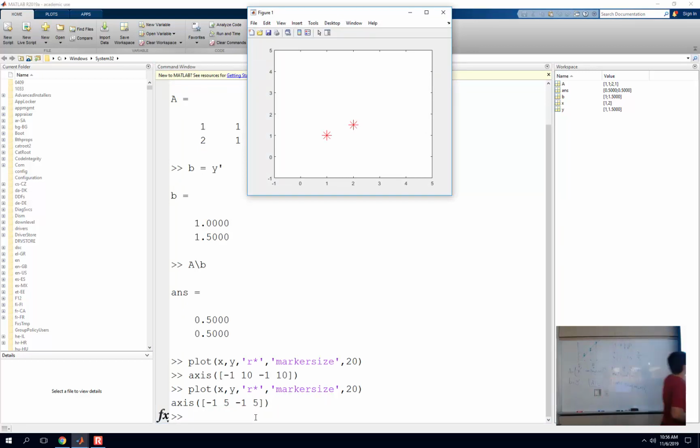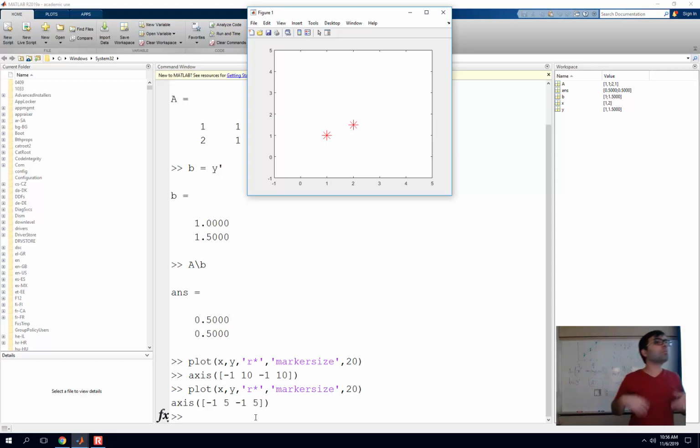So I've observed these 2 points, right? 1 and 1, 2 and 1.5. These are my 2 points. And I fit a line through those 2 points. I have 0.5 as alpha or slope, and I have 0.5 as beta, which is intercept, right? Now I want to plot a line with alpha and beta that I have.